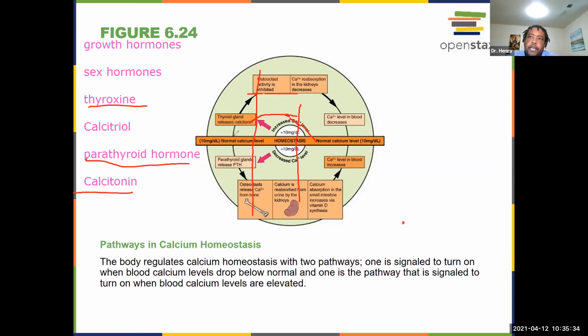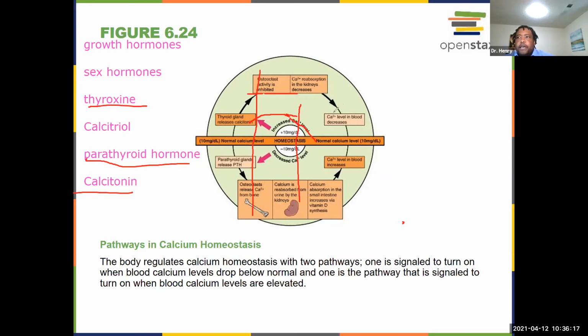And if our calcium level is increased, then we're going to inhibit the osteoclast activity, and calcium is going to be reabsorbed into the bone, and the kidneys will decrease calcium.